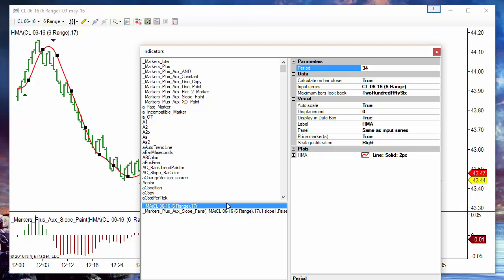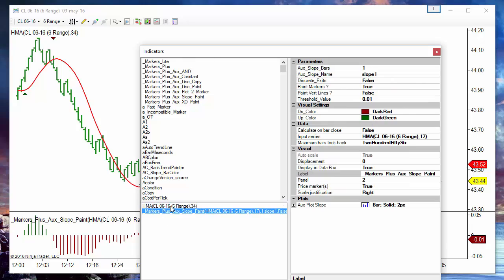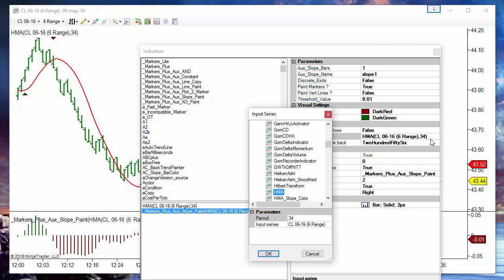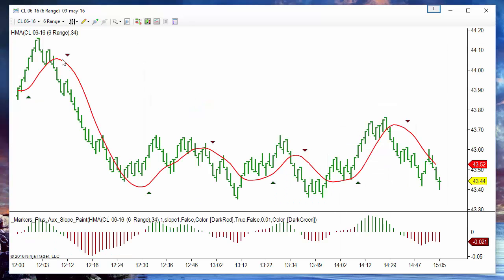If instead of that HMA we have the 34, a bit slower, we must change the period inside the slope indicator. And so we get the signals a little more delayed and also more filtered.